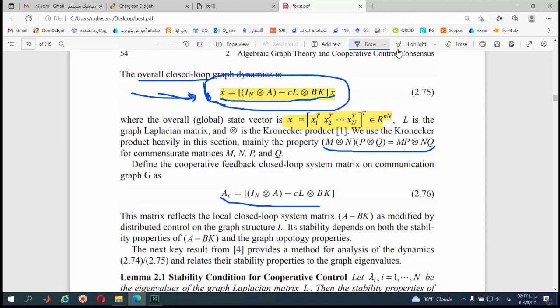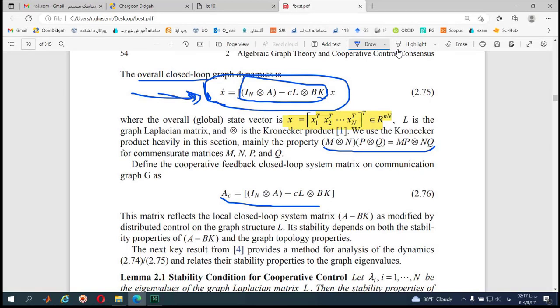The system can be written like this, but K should be chosen so that this matrix becomes Hurwitz.